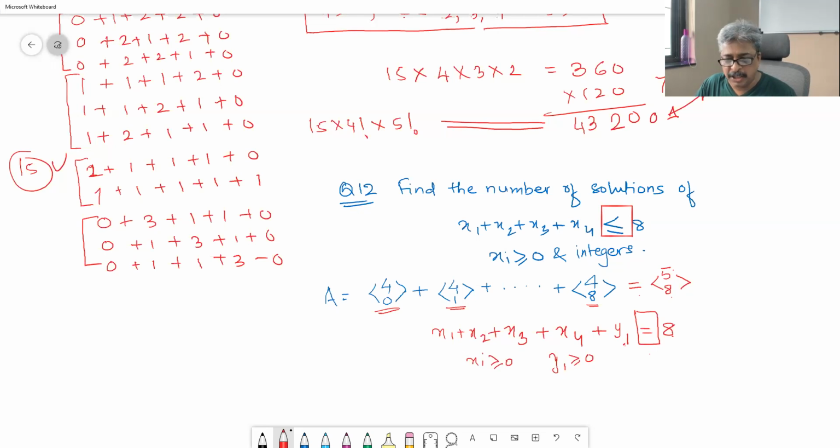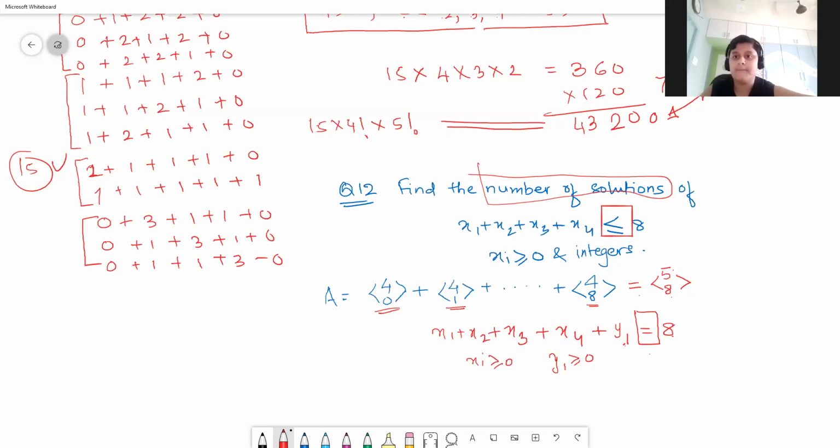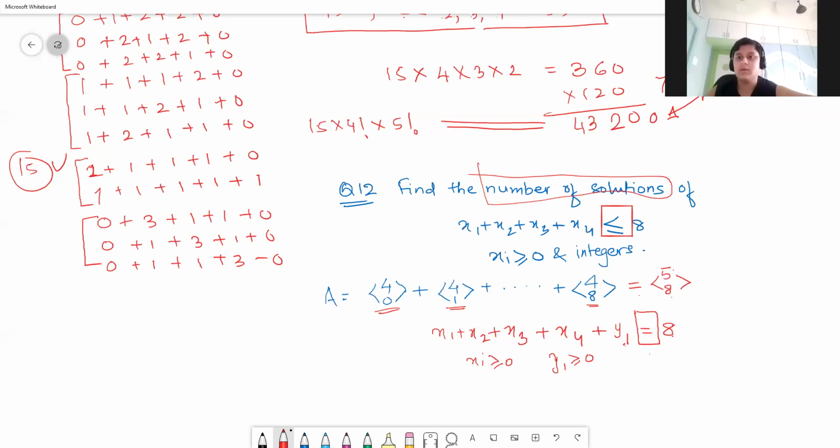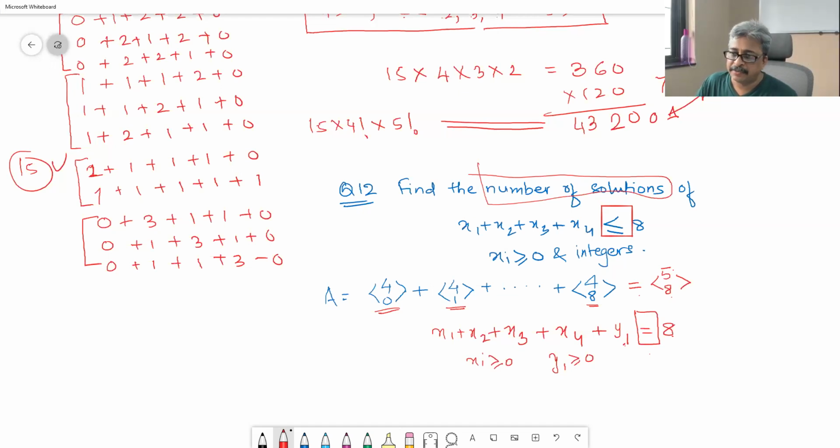If y1 becomes 9, then you don't have any solution to this problem. So in the number of solutions, that case cannot be counted. If y1 is 9, LHS will become greater than RHS. Therefore, the maximum value of y1 will be 8. Okay, sir.